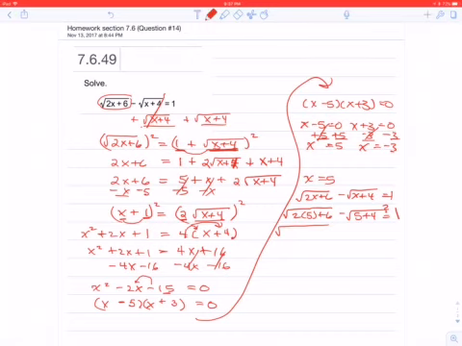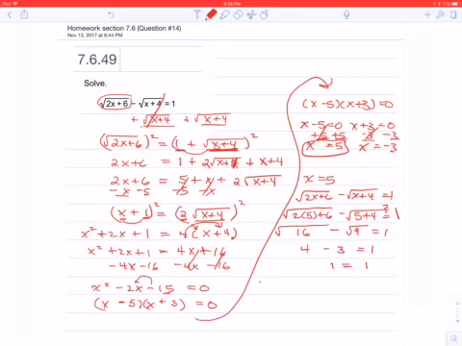Well, 2 times 5 is 10, plus 6 is 16, so the square root of 16 minus the square root of 9 equals 1. Well, that is true. The square root of 16 is 4, minus the square root of 9 is 3, equals 1. So x equals 5 is a solution.